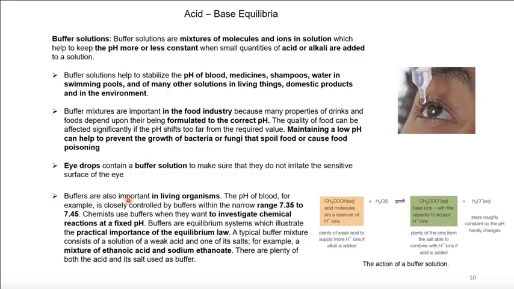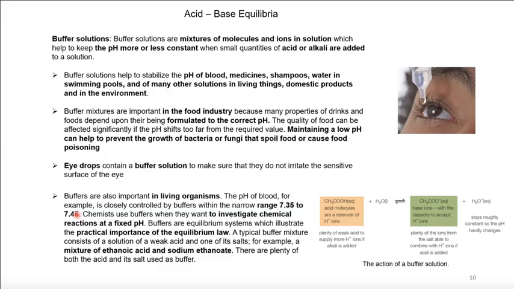Okay, buffers are also important in living organisms. What about a normal person's pH of blood? It ranges between 7.35 and 7.45. Chemists use buffers very much when they want to investigate a chemical reaction at a fixed pH.